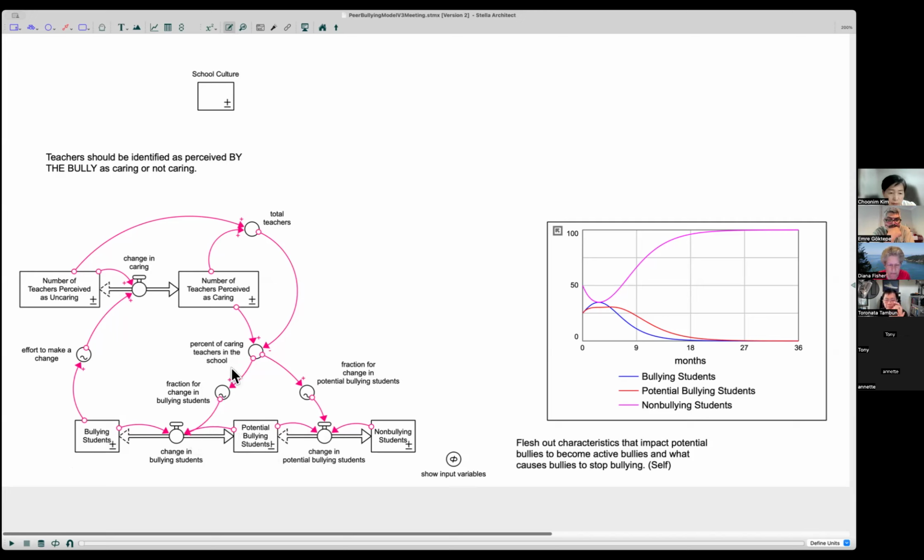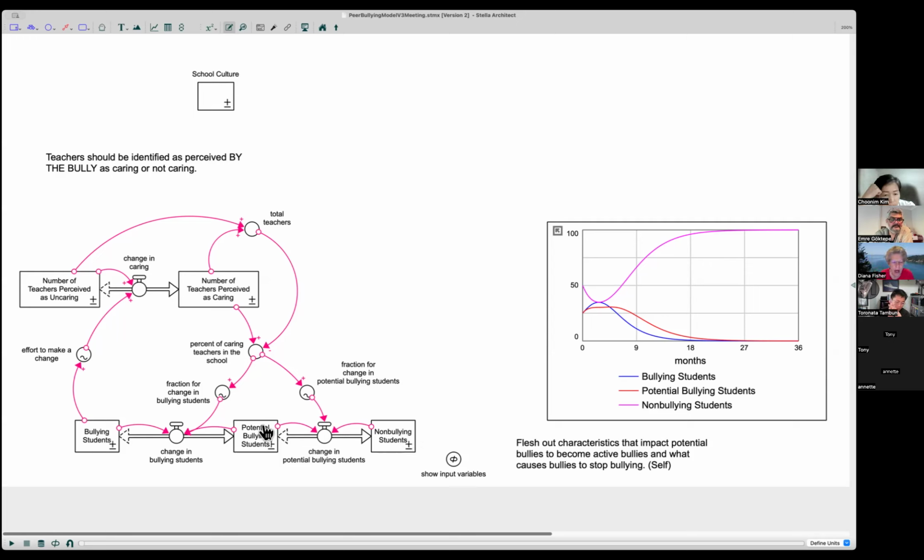And this graph depends on what the percentage of caring teachers are. Or it could also change non-bullying students potentially into potential bullies, or it could make potential bullies become non-bullying altogether.